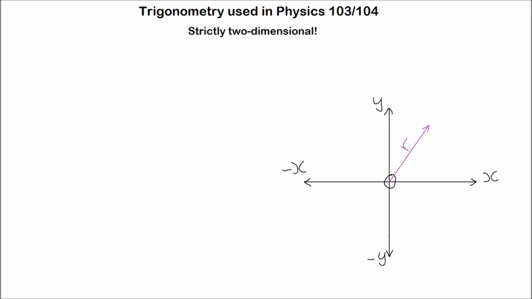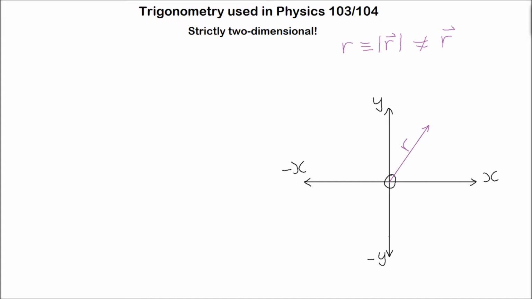The notation that is usually used goes like this. R by itself represents, or is equivalent to, the magnitude of the r vector. So it's the length of the vector. And that's not the same as the full r vector.